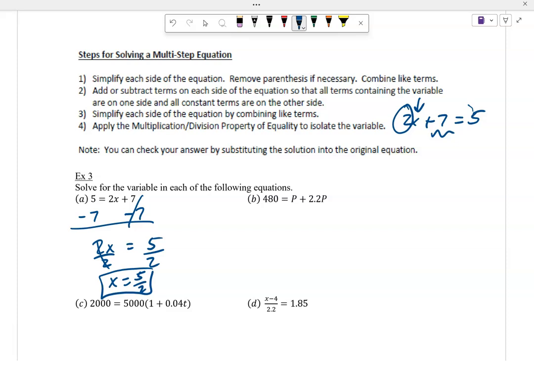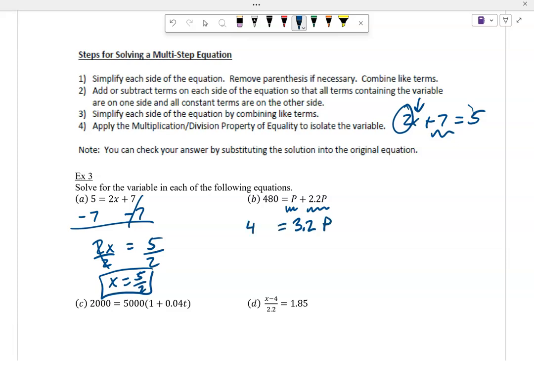Now on this second one here, B, if you can combine like terms, then you better combine the like terms first. Notice this is a 1p, and that's 2.2p. So 1p plus 2.2p, it's like 1 apple plus 2.2 apples. 1 plus 2.2, 3.2 apples.